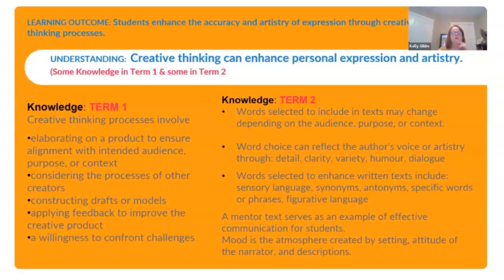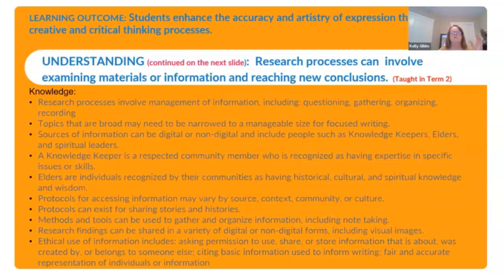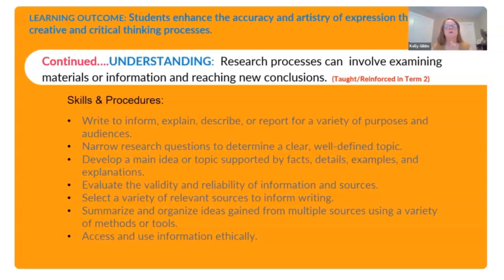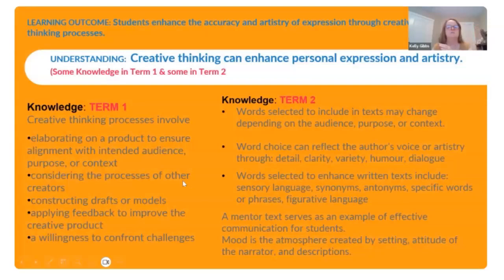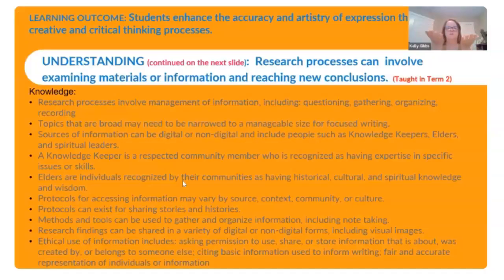And now this one has it throughout term 2, but the number of knowledge skills for research processes is quite long and identifies a number of different things that they need to know of where to get information. I usually have knowledge and skills and procedures side by side.